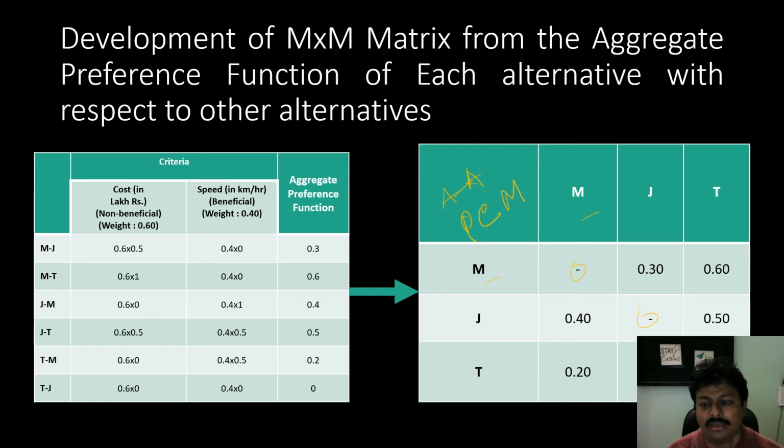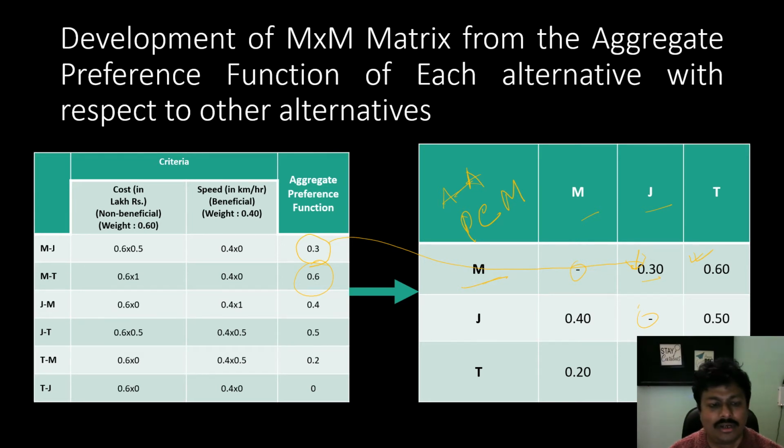However, M minus J, what is the aggregate preference function? This is 0.3, so this is placed here. Then M minus T, this is 0.6, place it here.